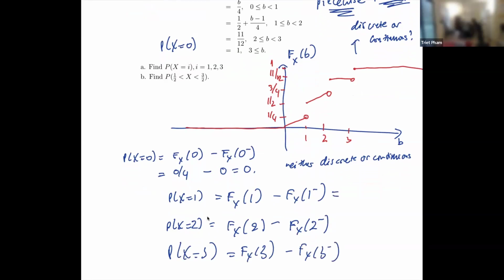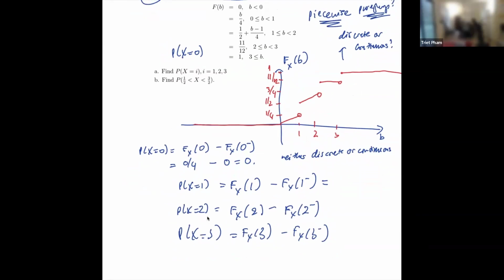Well, f of 1 is here, so 1/2, plus 1 minus 1 over 4 minus. 1 minus is here, which is 1/4. f of 2 is here. f of 2 minus is here.